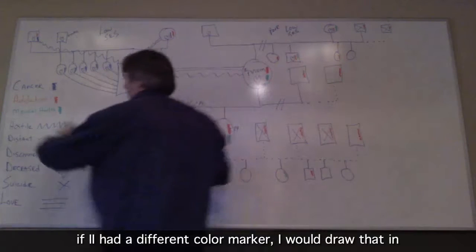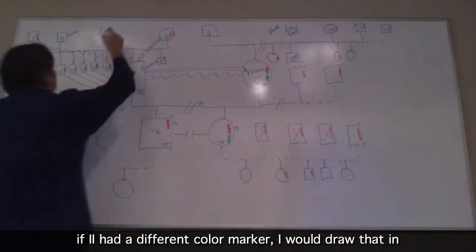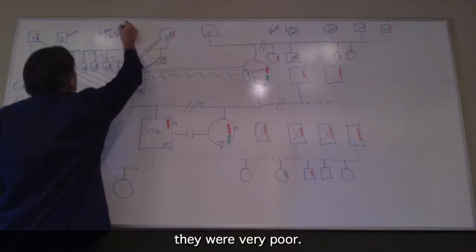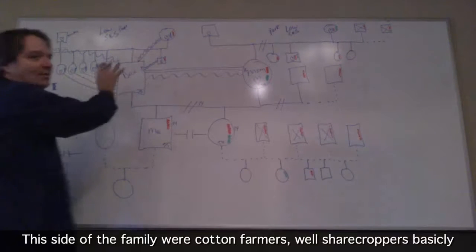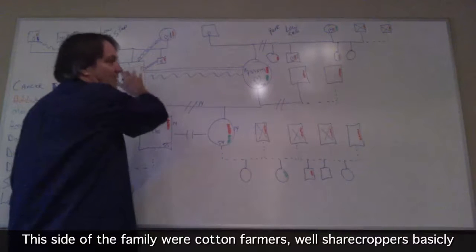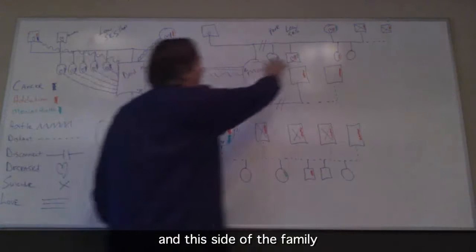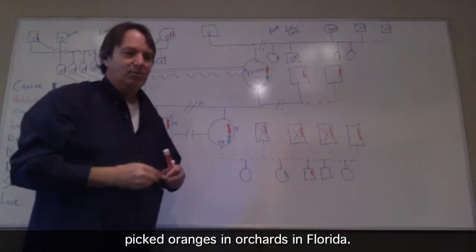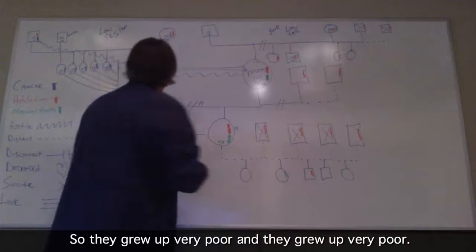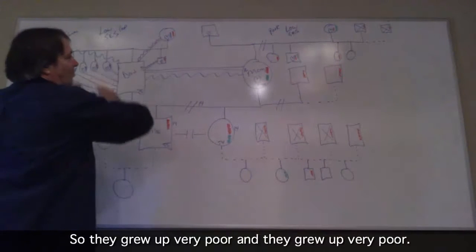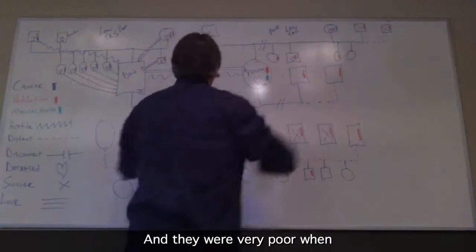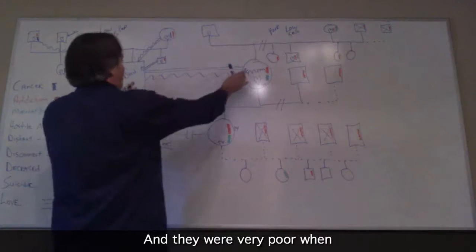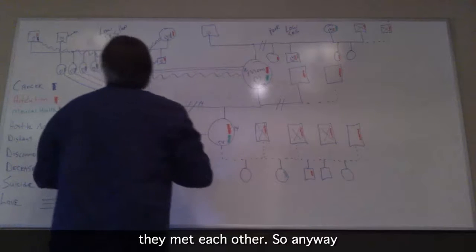And if I had a different colored marker, I would draw that in there. They were very poor. This side of the family were cotton farmers, well, sharecroppers basically. And this side of the family, they picked oranges at orchards in Florida. So they grew up very poor, and they grew up very poor. And they were very poor when they met each other.